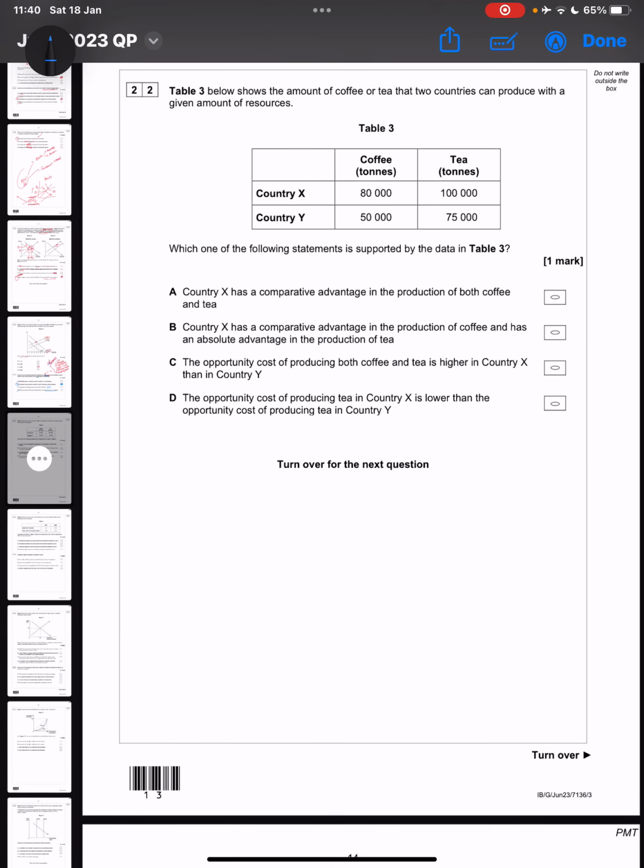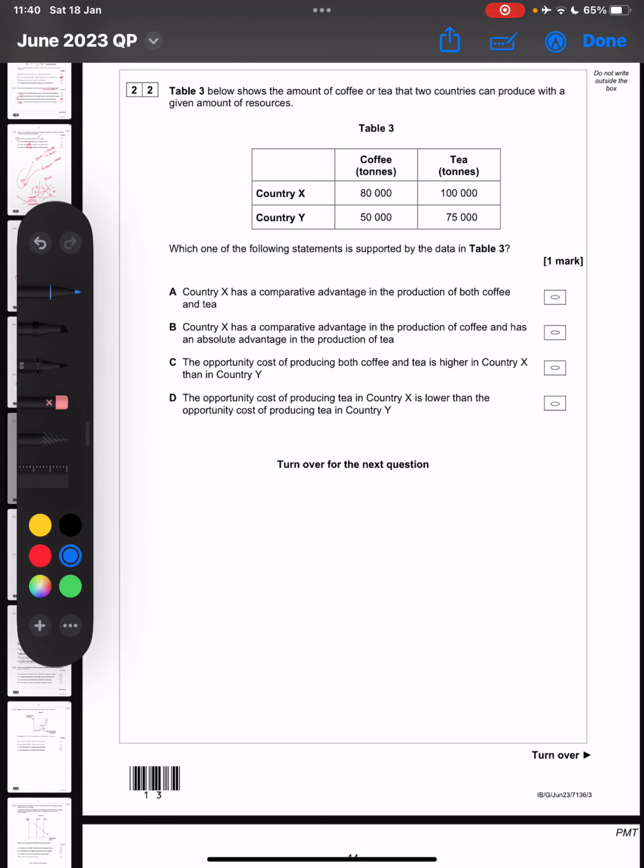Coffee or tea that two countries can produce. Okay, what do we have? We have country X that can clearly produce a lot more coffee, so they are winning in terms of coffee, and they have absolute advantage in terms of tea. Country Y is clearly smaller in both cases.